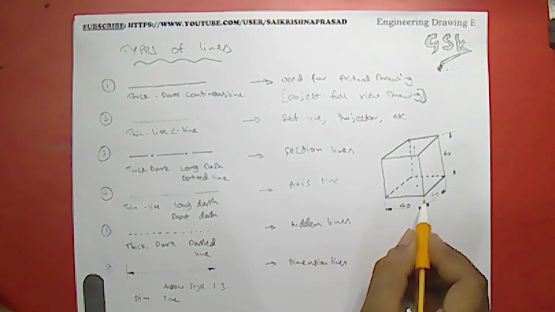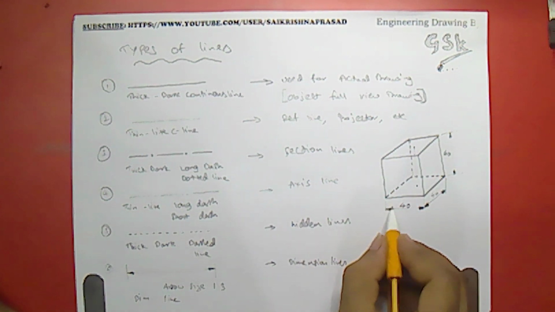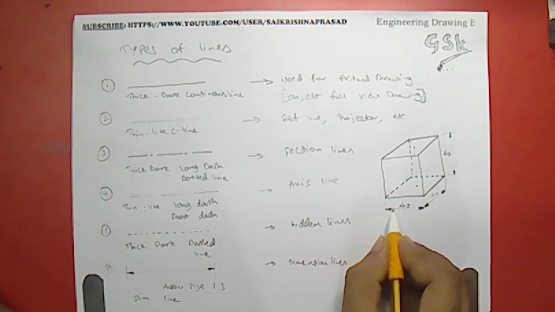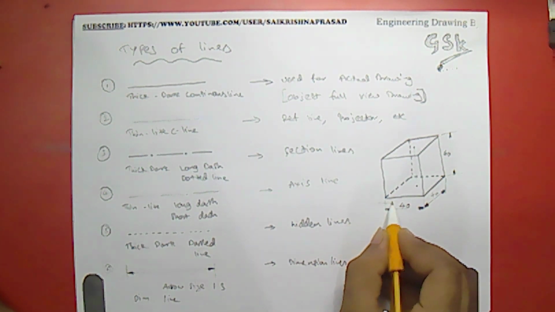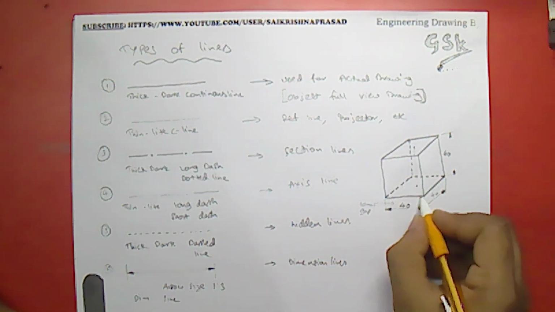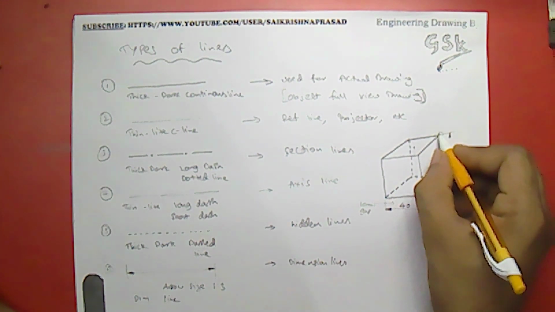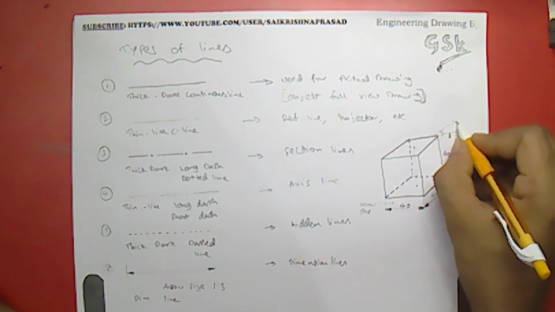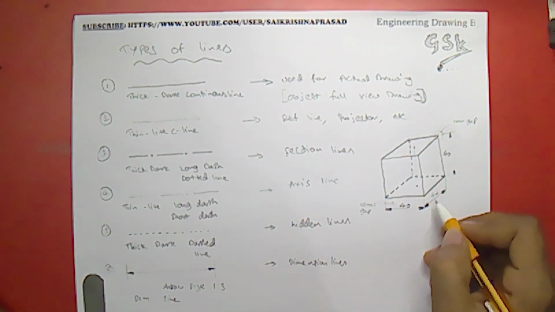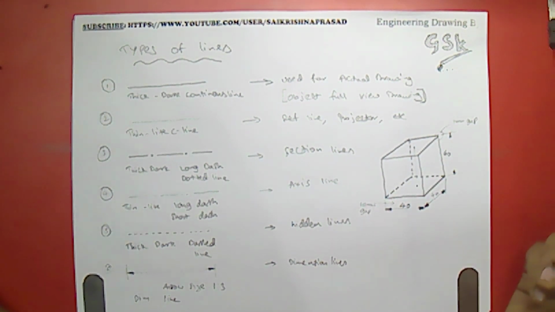You can see here also the gap of 10 mm from the original drawing to this dimension line. 10 mm gap over here, and at this position there is a small 1 mm gap. So these are the standards, and this is the aligned dimension technique that you are using here.